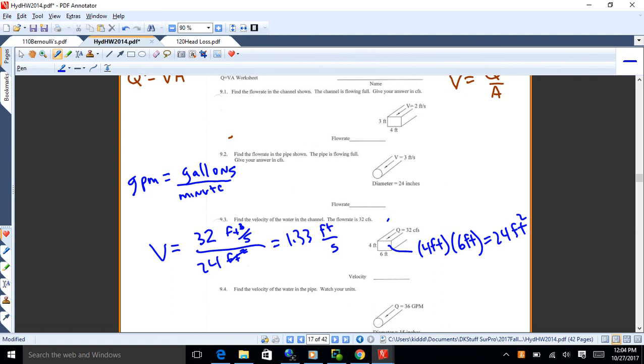Now, quite often what we want to do is get that into cubic feet per second, which is actually more commonly used in channels, things like that, rivers and channels. So they're both measuring a flow rate, a volume and a time, but they're just different units, okay? So GPM is commonly used in pipes here.